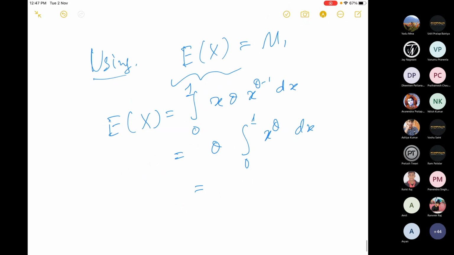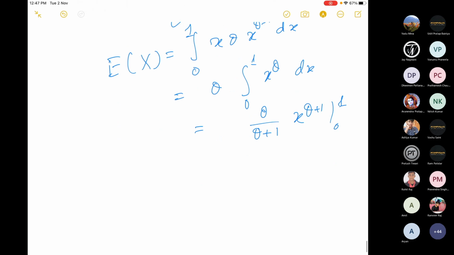So this is what? Theta by theta plus 1, where theta is the constant here, times x to the power theta plus 1, from 0 to 1. So it is basically theta by theta plus 1. This is the expected value of this random variable.